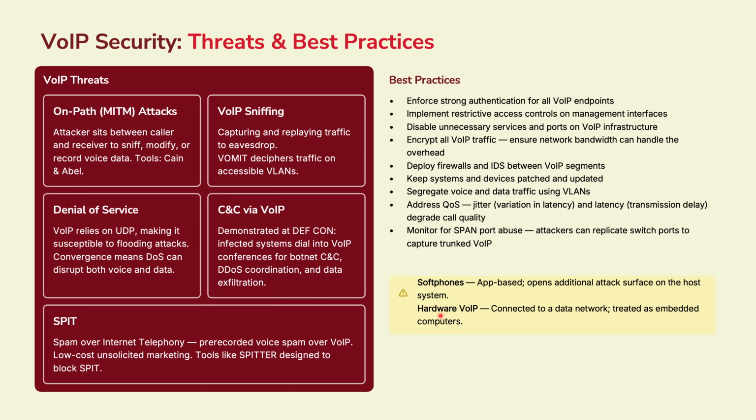Hardware phones, which you see in offices, like Cisco phones, are dedicated devices connected to the data network. But they should be treated as embedded computers with their own firmware updates and hardening requirements.